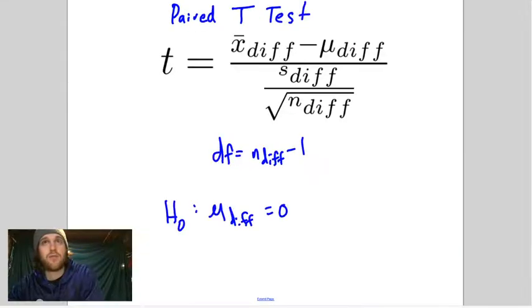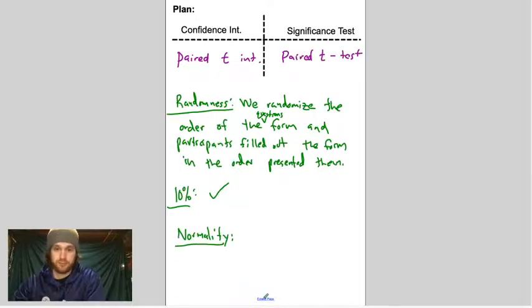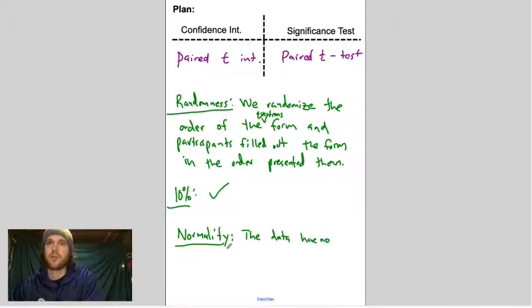So for the sake of this, we would say the data, I didn't feel good about that data point, right? I would not feel good about that, but the data have no outliers, but do look slightly skewed to the right.